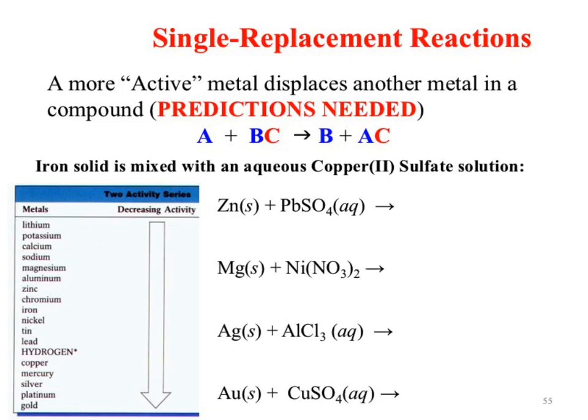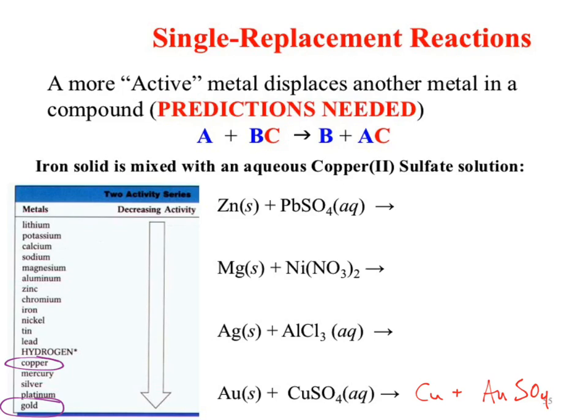To give you the flip on this, if we look at the very, very bottom, copper and gold. Which one do you want to look at first? Gold. Gold is what?